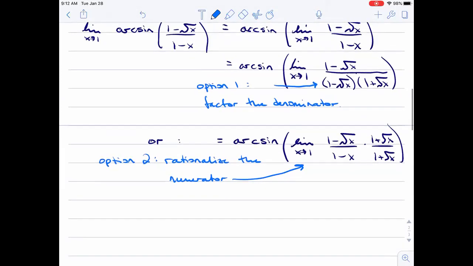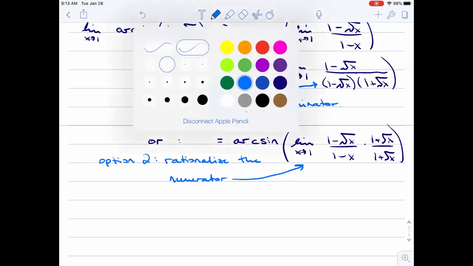As soon as I see a 1 minus root x, or a root plus or minus a number, or a number plus or minus a root, I go and rationalize, because that's usually how I'm going to be able to not divide by 0 anymore. Either way, if we work through this, I don't know which one you want to stick with.